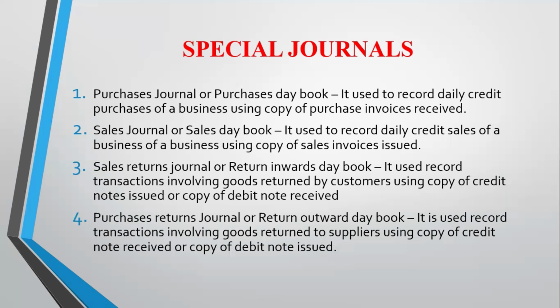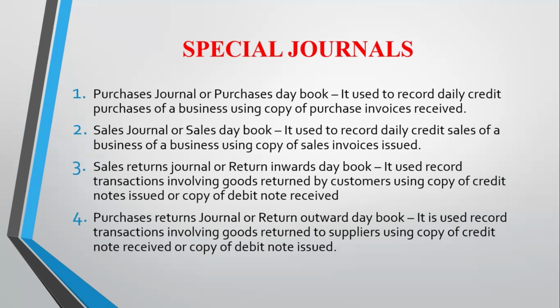It's going to be recorded in the sales returns journal using a copy of credit notes issued. So when there are goods returned, the business is going to issue a credit note to the customer, showing that we are owing the customer. Since they've returned the goods, it means we are now owing the customer.